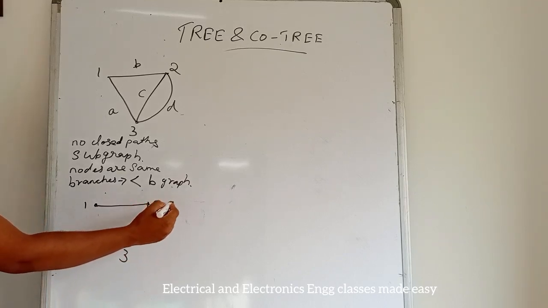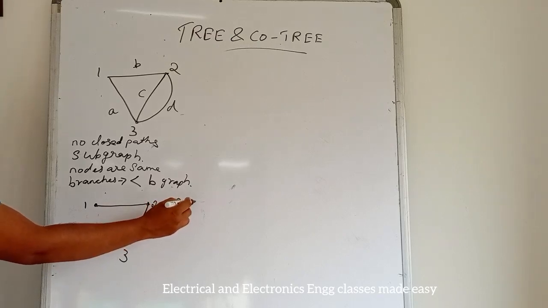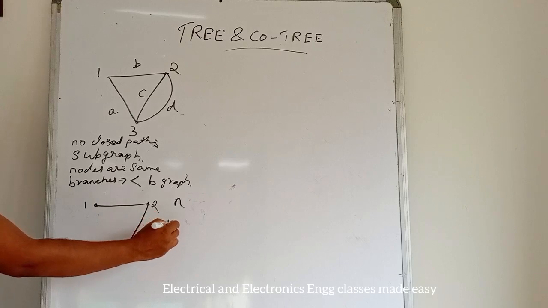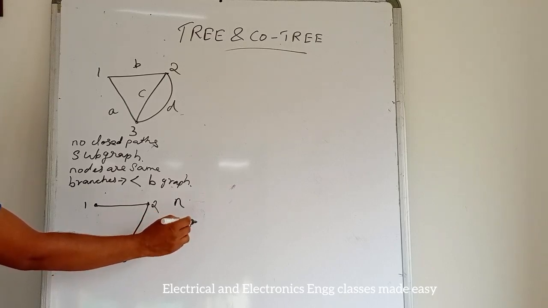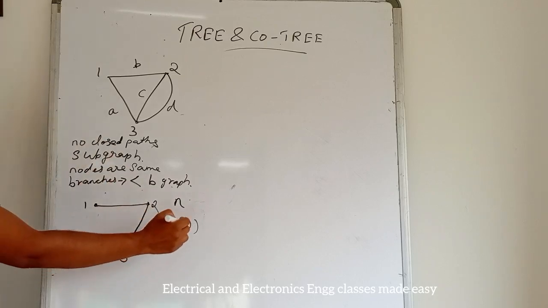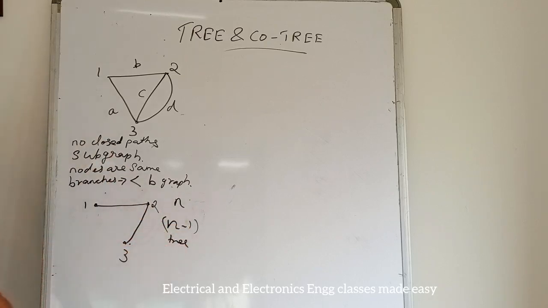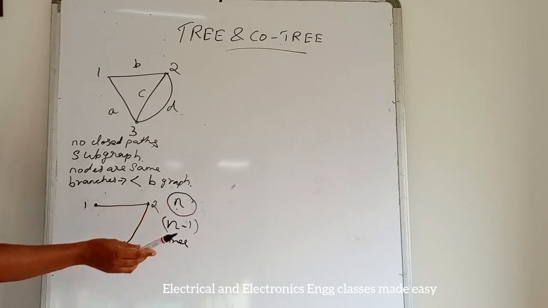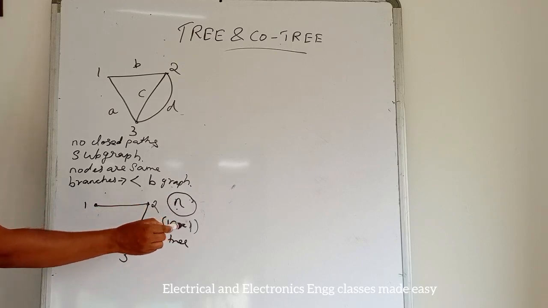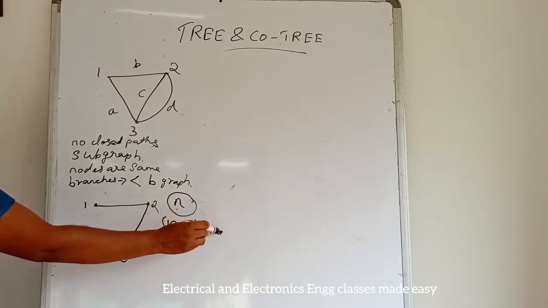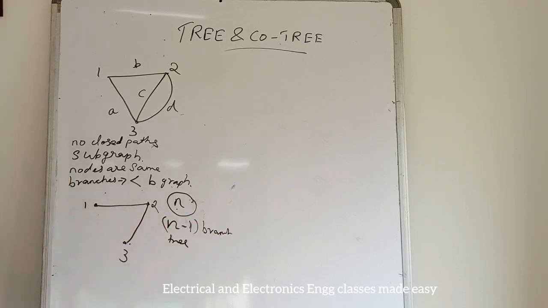If a graph has n nodes, then there will be n minus 1 branches in a tree. If a tree contains n nodes, then there will be n minus 1 branches in a tree.